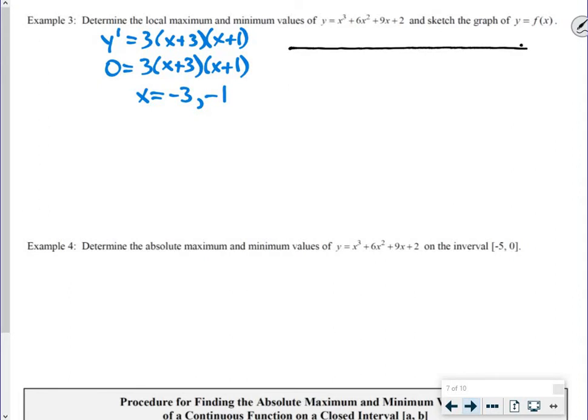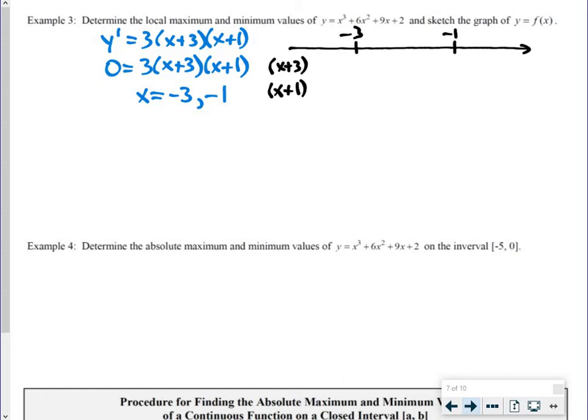I'm going to do a similar procedure to what we did yesterday, or last class. Set that up. We've got two factors, x plus 3 and x plus 1, and we'll just look at the boundaries there.